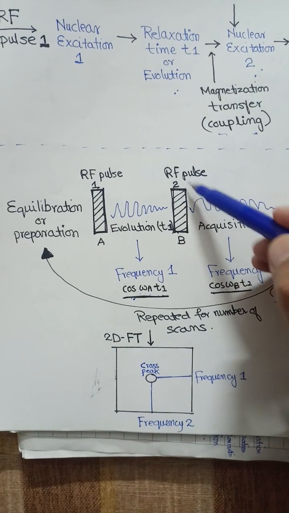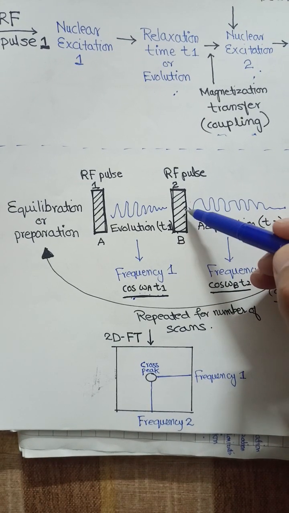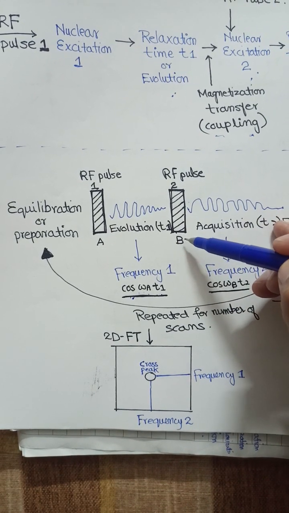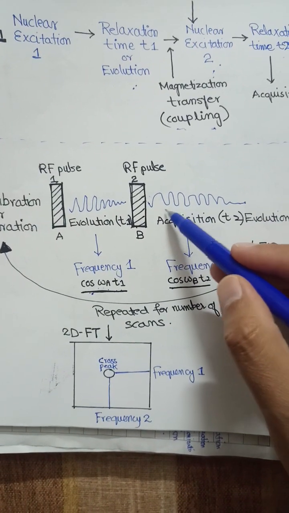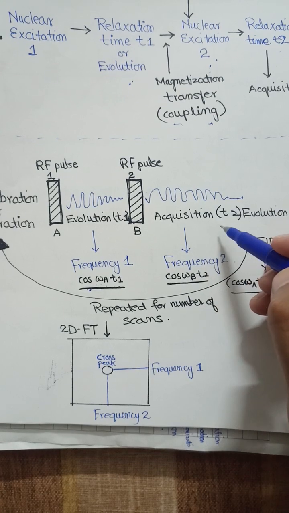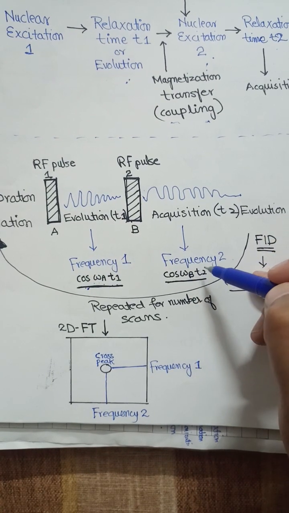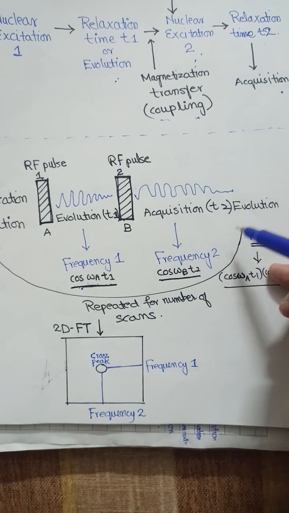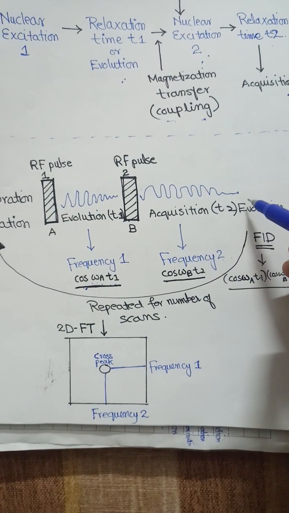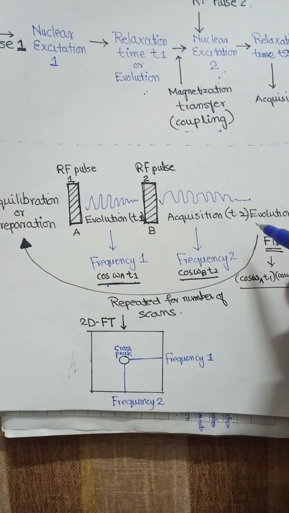When RF pulse 2 is applied, let's suppose it causes excitation of proton B, and after evolution time or relaxation time T2, it gives us frequency 2, which is cos omega B T2.